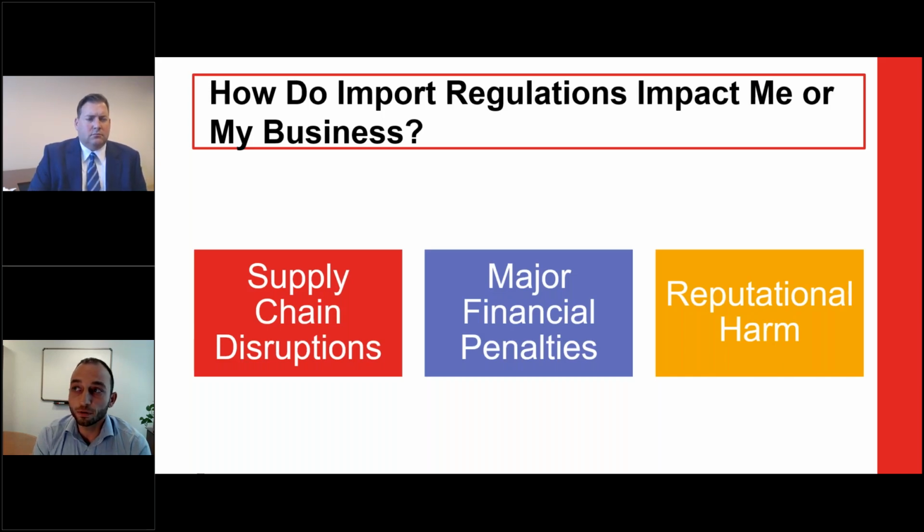Any non-compliances or violations may result in major financial penalties, which we will talk about at the end of the presentation. Non-compliances may also cause a huge disruption to your supply chain, where you will have to change your suppliers or change the types of products you import for your business. In addition to all that, there may be significant reputational harm to your business as a result of a non-compliance.